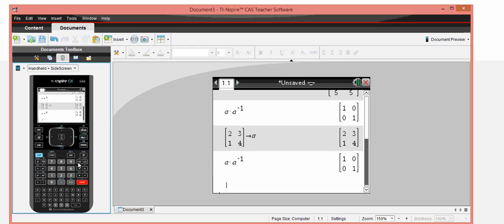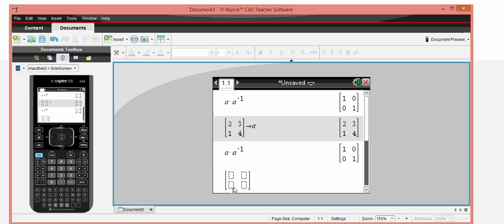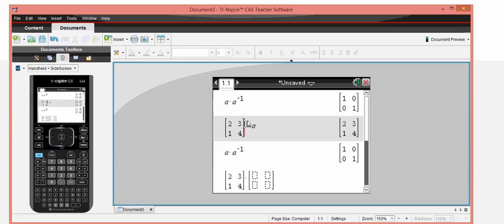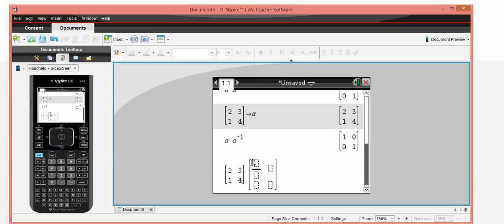Or for those who want to do the slow and more meticulous way, we could enter it in as 2, 3, 1, and 4, and multiply that by its inverse. Okay, and this time using our fractions. So the first value was 4 over 5.